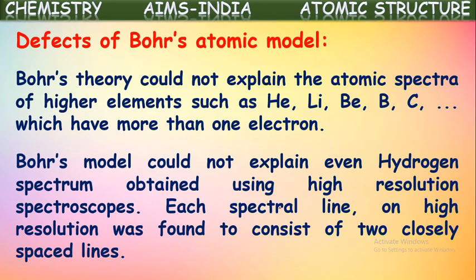And Bohr's model could not explain even the hydrogen spectrum obtained using high resolution spectroscopes. Actually, Bohr's theory explained the hydrogen spectrum. Hydrogen spectrum means he studied and gave the model of atom by observing hydrogen atoms. He studied the energy emissions from hydrogen atoms.